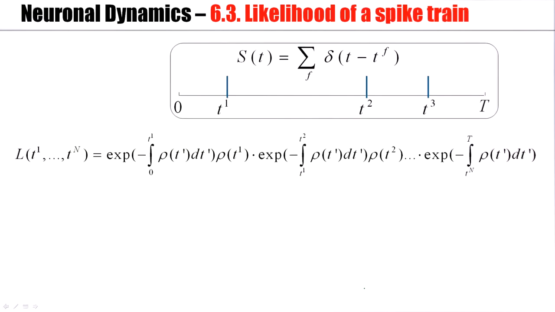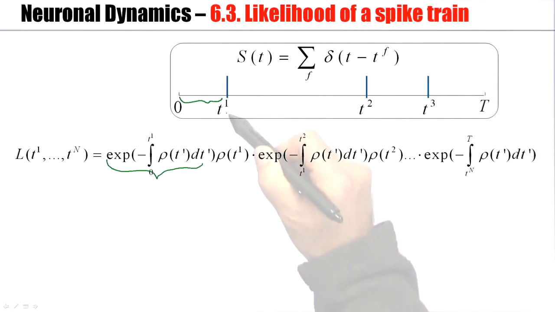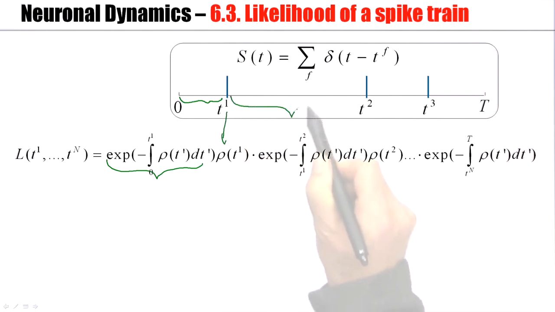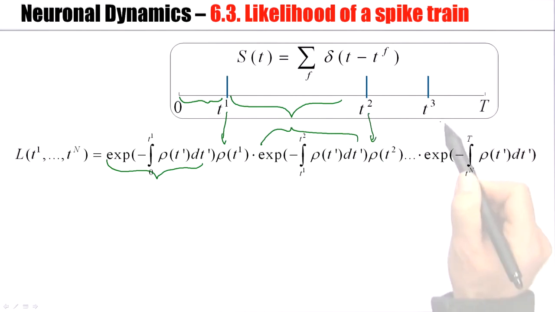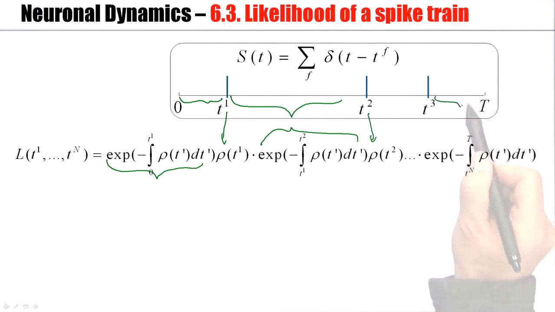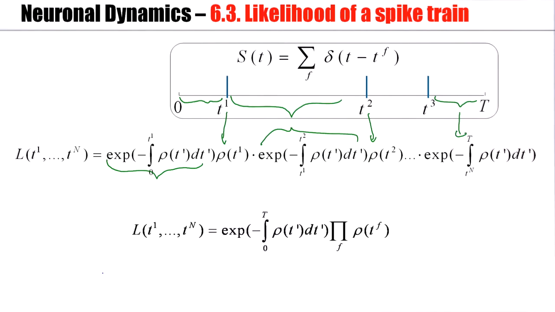And here it is again. Our density, this is the first interval. Then I have my spike. This is the second interval. Then I have my spike, and so forth until I have the last interval. I can rewrite this in a slightly different form. We see that this integral here goes up to t1, but the next integral starts at t1 and goes up to t2.